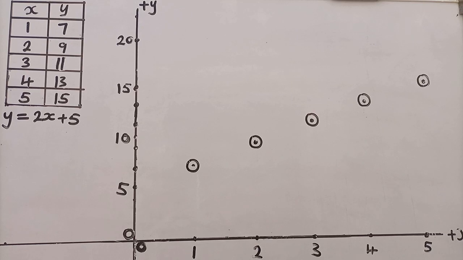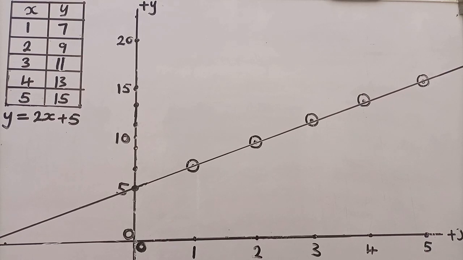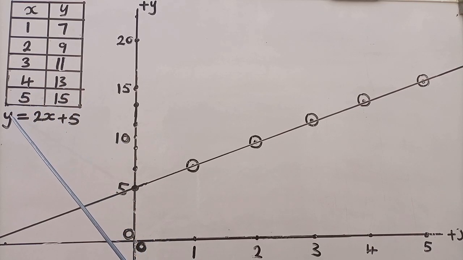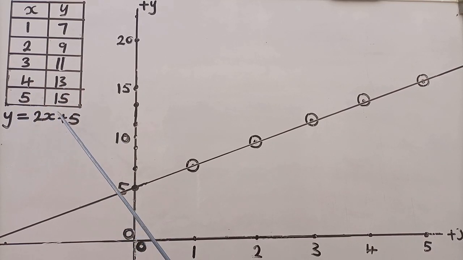At this point, let us run the line of best fit as before. Okay, this is our line of best fit. What a beautiful line of best fit. Don't forget that this sketch is a sketch for this equation corresponding to this table. The equation says y is equal to 2x plus 5.